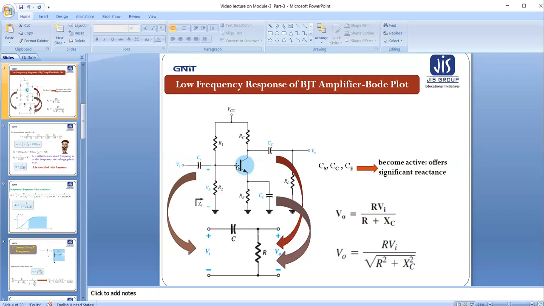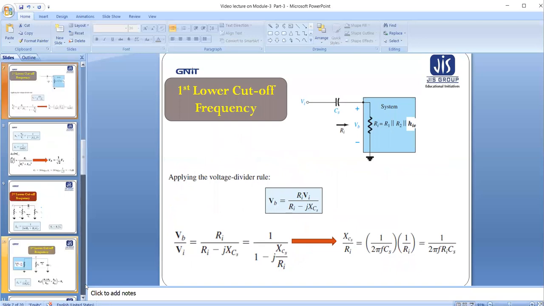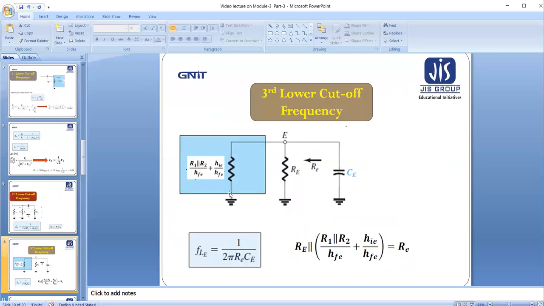Therefore, if we consider the loops, R1, R2 and hie as a whole, then IE by beta current, that is IB, will be flowing through this. So the resistive network will be transformed like this.